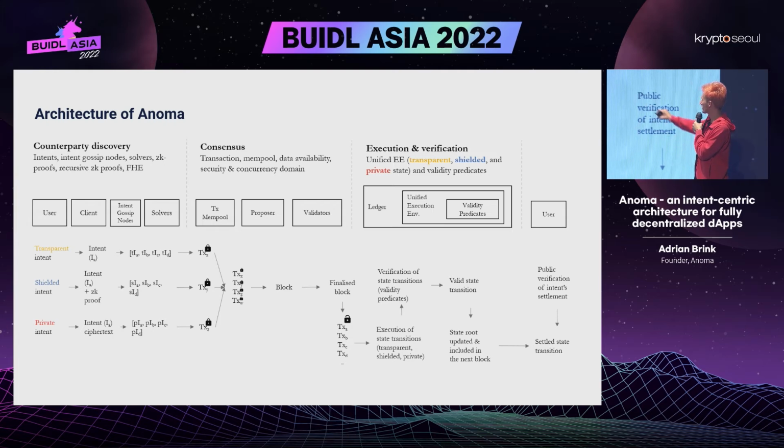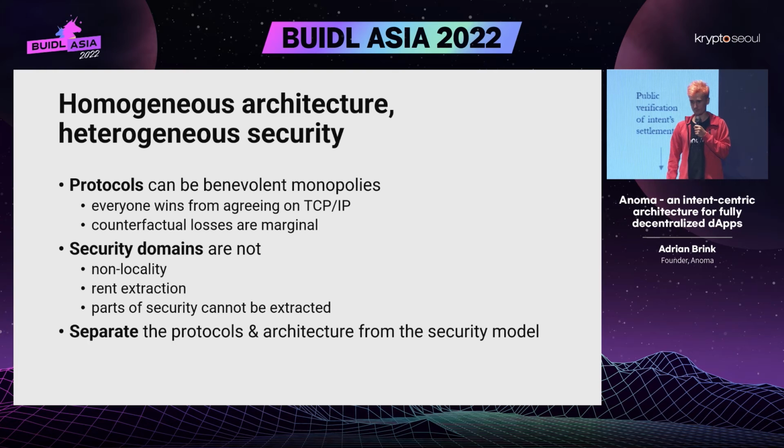And then in the last part, you get into execution and verification, with a unified execution environment that can handle transparent, shielded, and private state, and validity predicates. All state changes are applied, all validity predicates are invoked, and all verifiers are invoked to verify the zero-knowledge proofs. And then in the end, users just check whether their thing got settled or not.